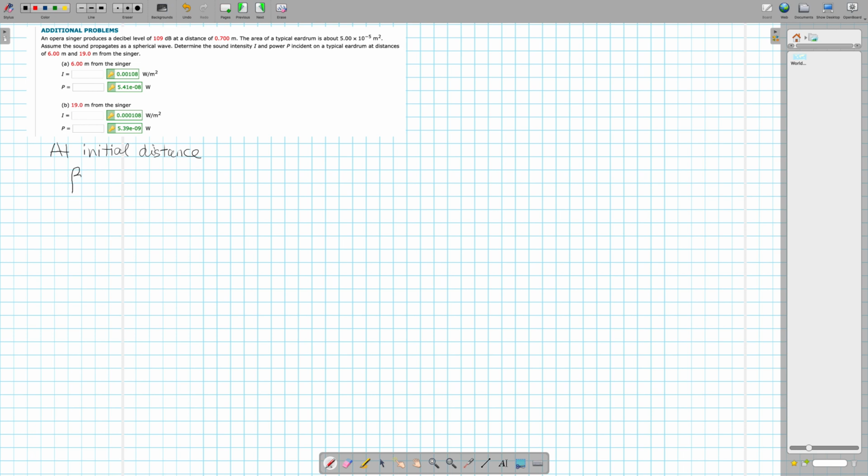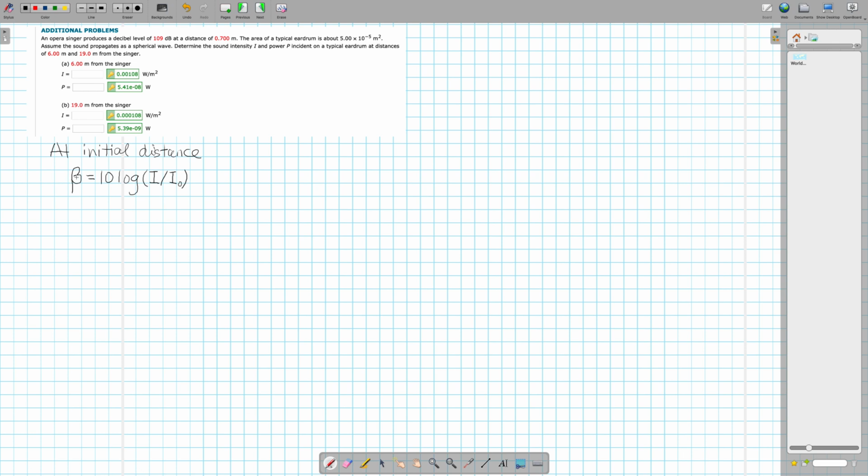We're given the decibel level. And remember, this is defined as 10 times the log of the intensity at that location divided by this reference intensity, the threshold of human hearing, the quietest intensity that the average human ear can detect.